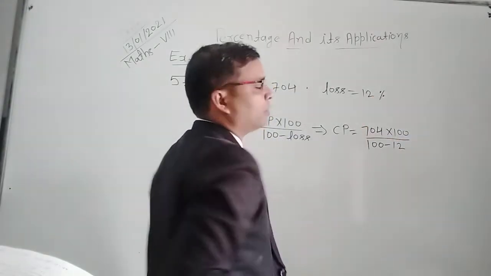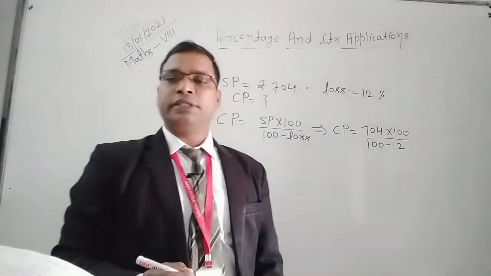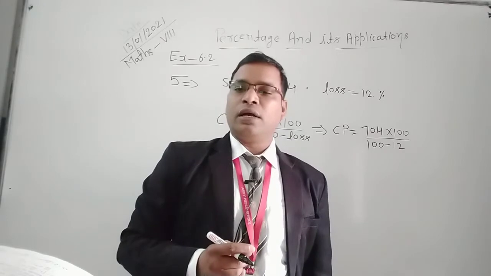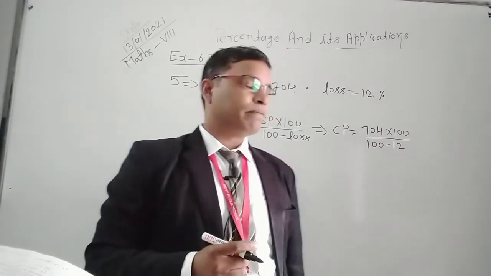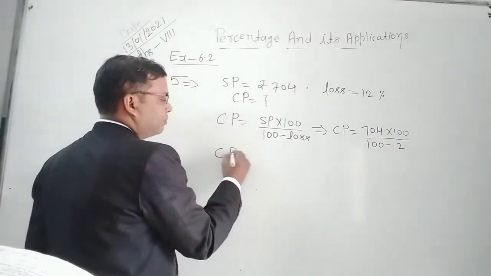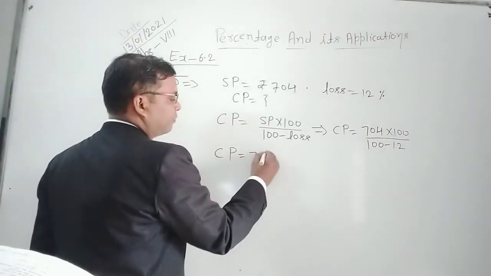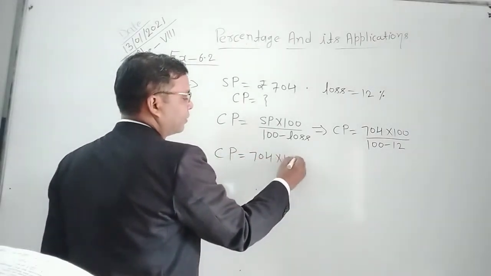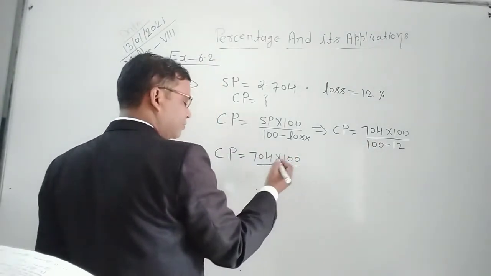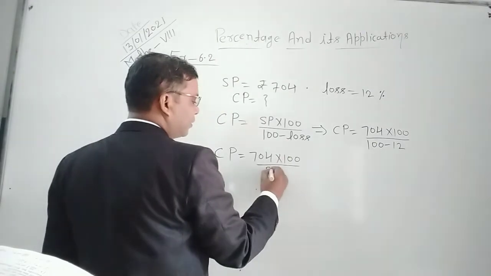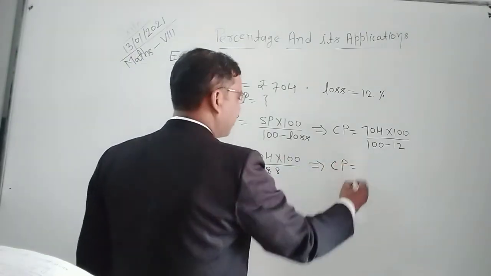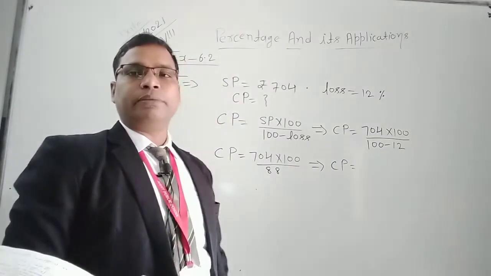Loss is given here 12%. This is clear. After this, if you calculate, CP is equal to 704 into 100. Clear? Now, if you subtract this, you get here 88.